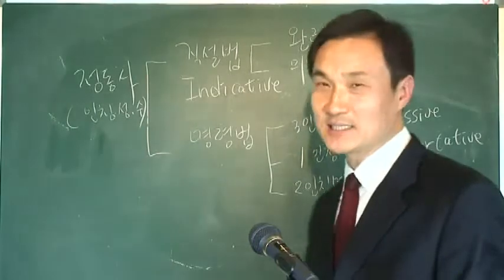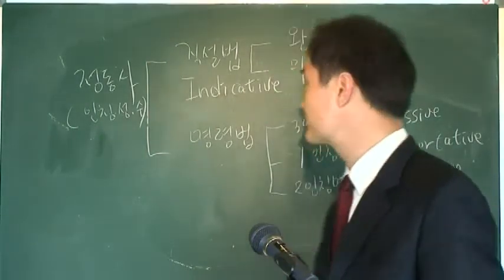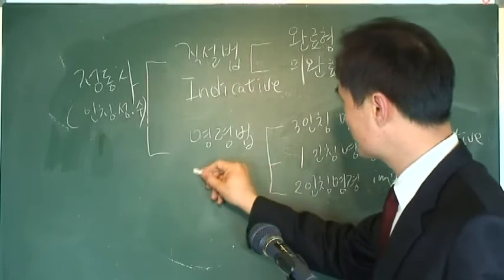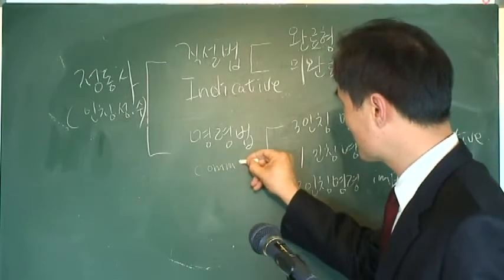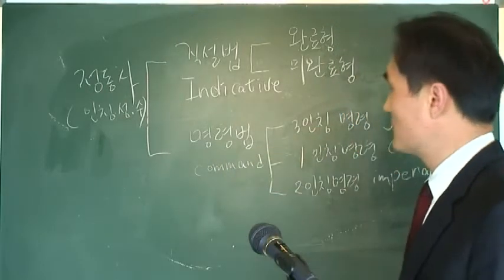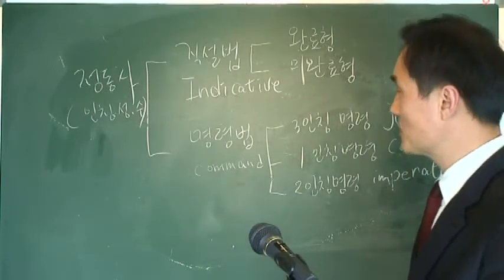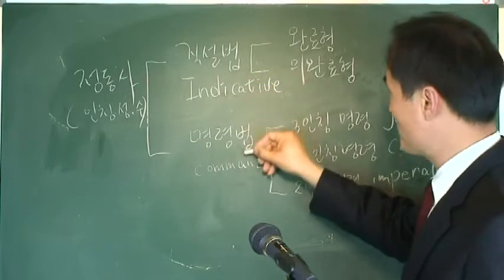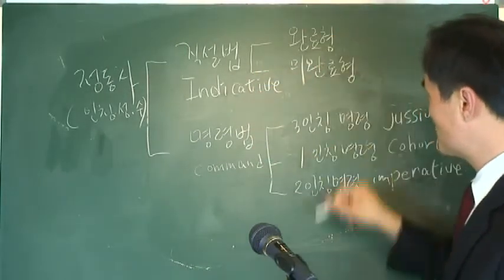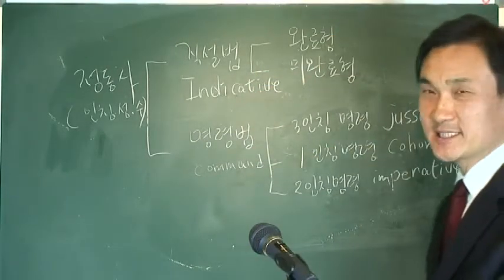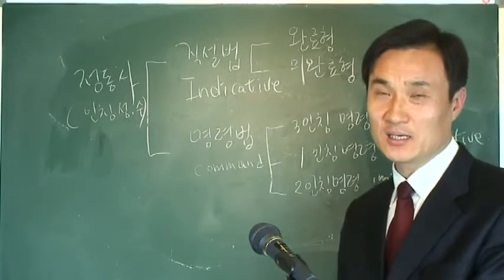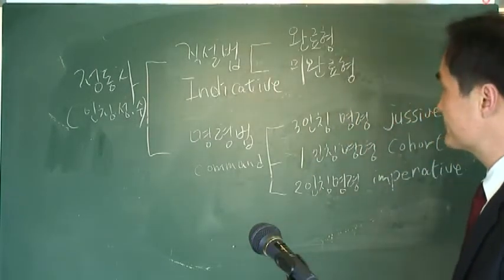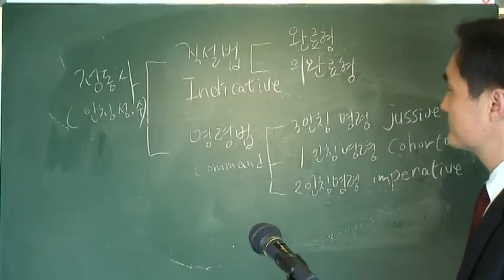Finite verbs indicate verbs with a person, gender, and number. Therefore, all verbs of the indicative and the imperative are finite verbs with a person, gender, and number.